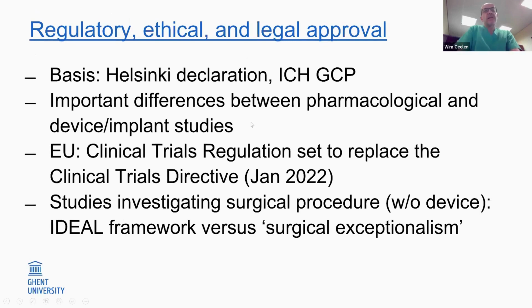Of course, there's an ethical framework that is really important. It depends on your geographical location. In the European Union, there is the European Union's Clinical Trials Directive, which has now just been updated. It's different for surgical procedures with a device, and so devices are, in fact, regulated completely differently.